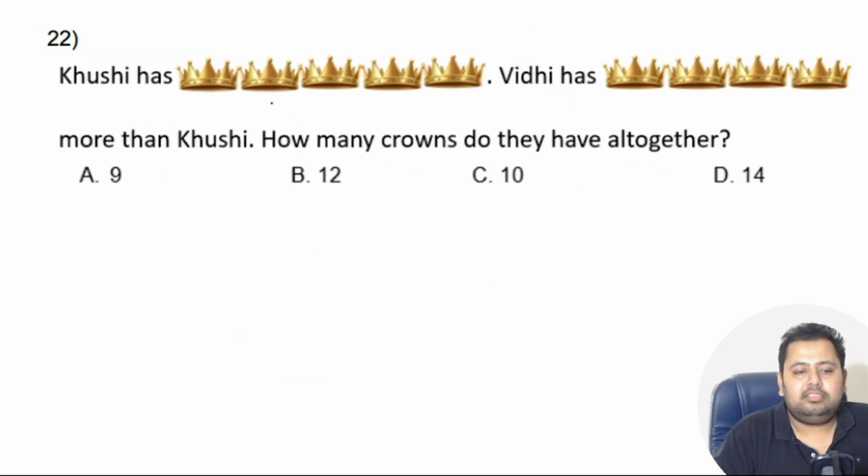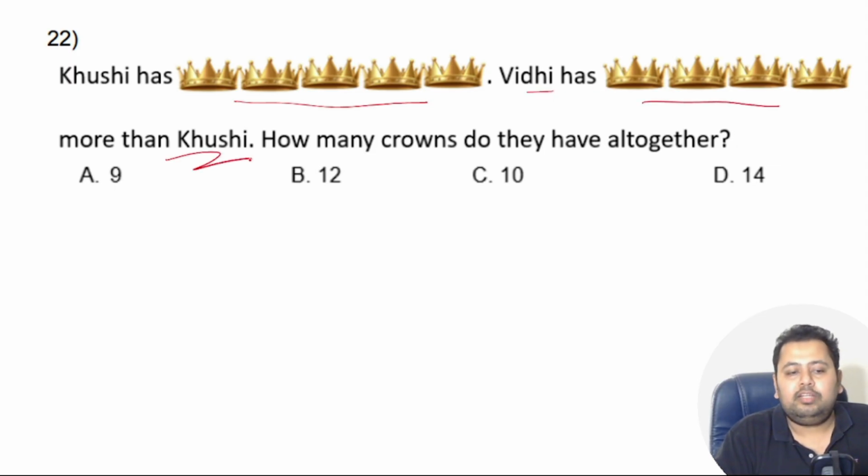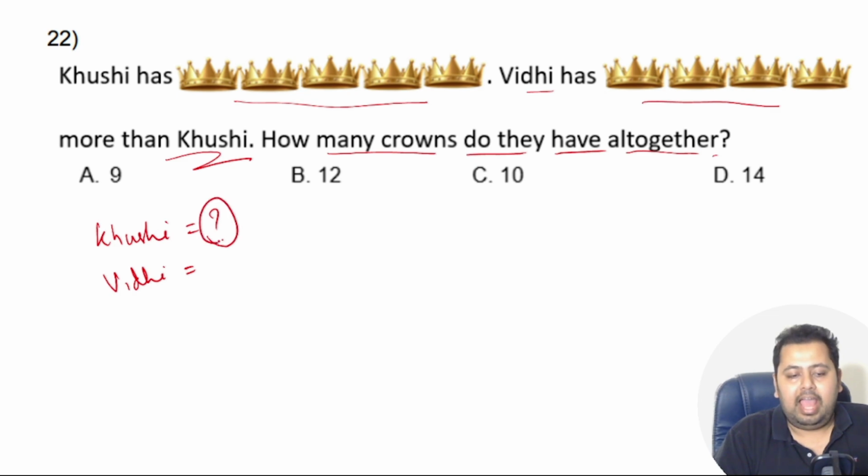Khushi has, you can see, some crowns. Vidhi has this many crowns more than Khushi, right? How many crowns do they have all together? First you have to find out how many crowns Khushi has. Then you have to find out how many crowns Vidhi has, which is what Khushi has plus the number of crowns you can see over here.